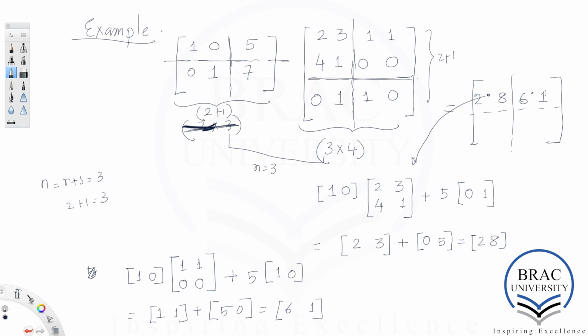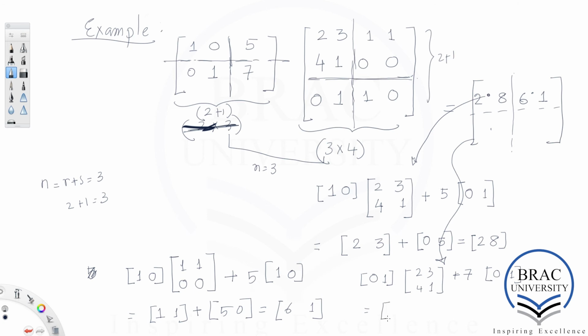Similarly, you can go on to compute this entry, and this entry is going to be equal to 0 1 getting multiplied with 2 3 4 1, and 7 getting multiplied with 0 1.